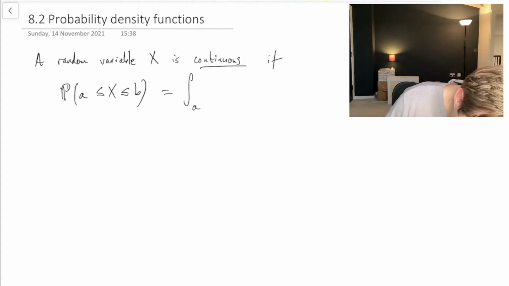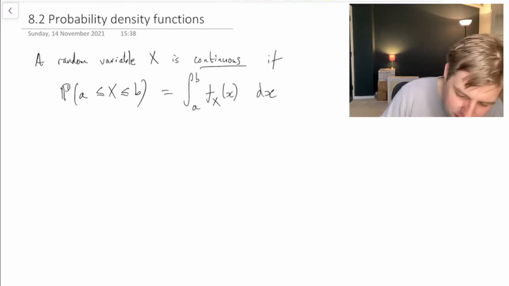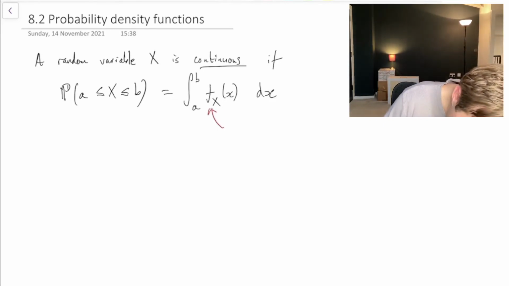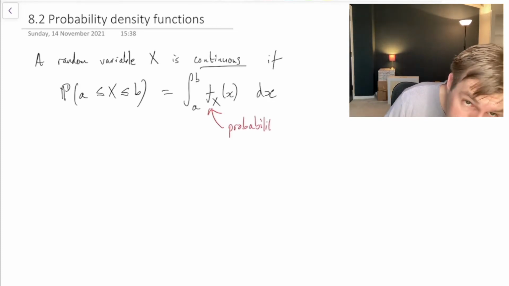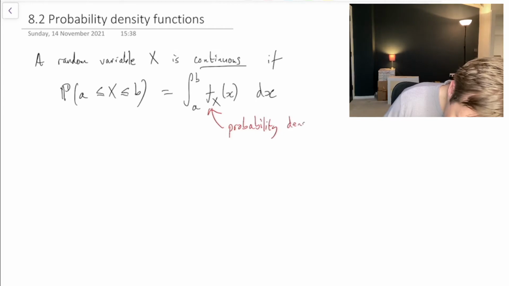We've got an integral from a to b of some function f(x) dx. And that f(x) there we call the probability density function, or PDF.